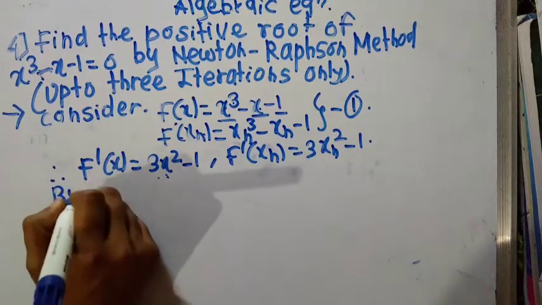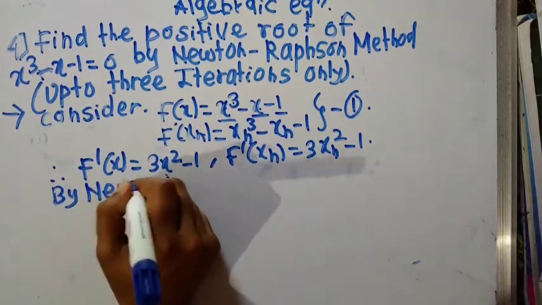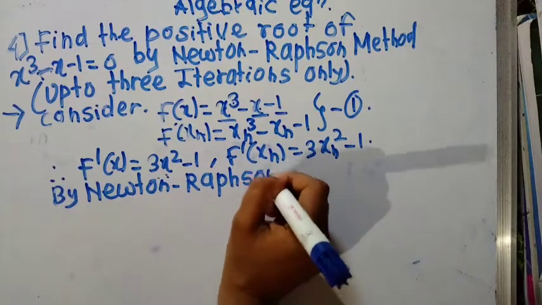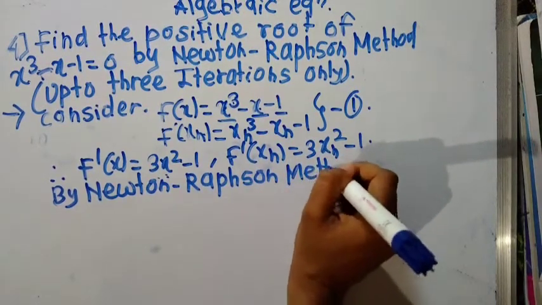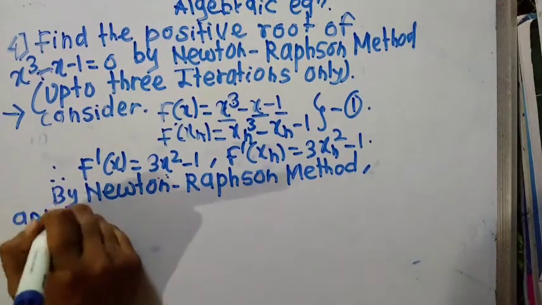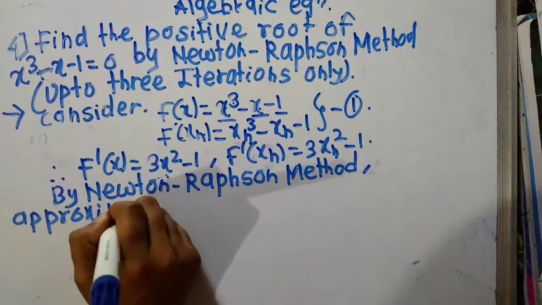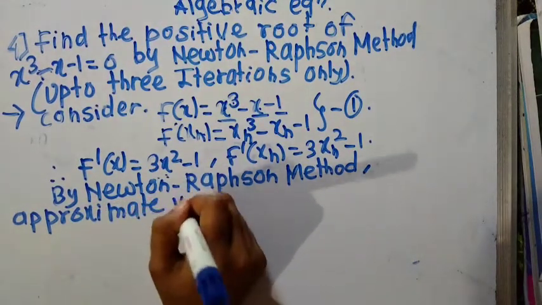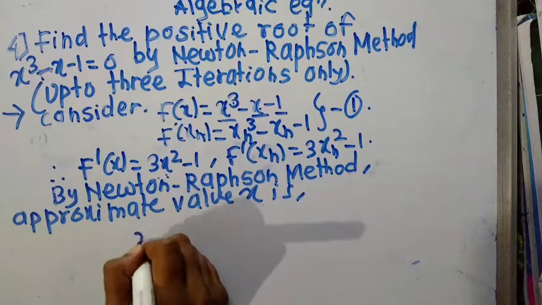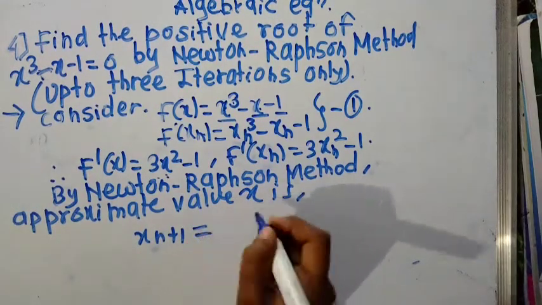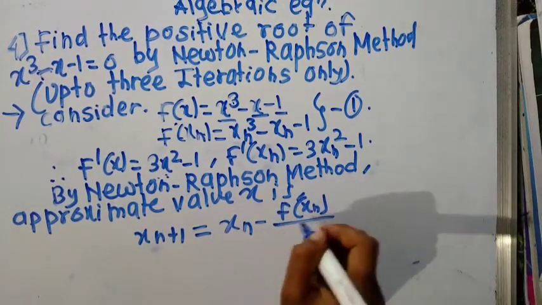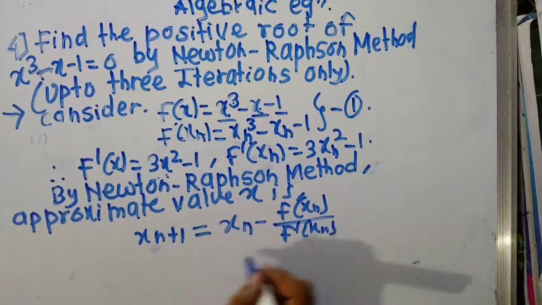Then by Newton Raphson method, the approximate value x n plus 1 is equal to xn minus f of xn divided by f dash of xn.